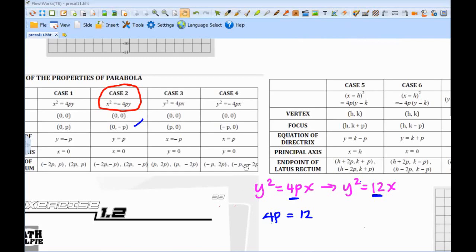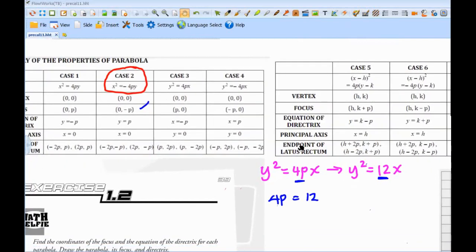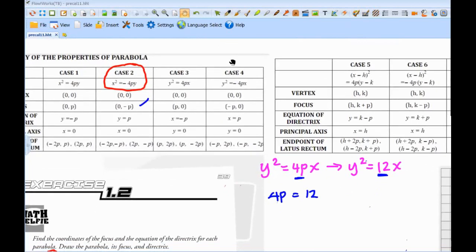Did we use p on the previous one or c? Okay, so we'll divide by 4. So p is equal to 3.